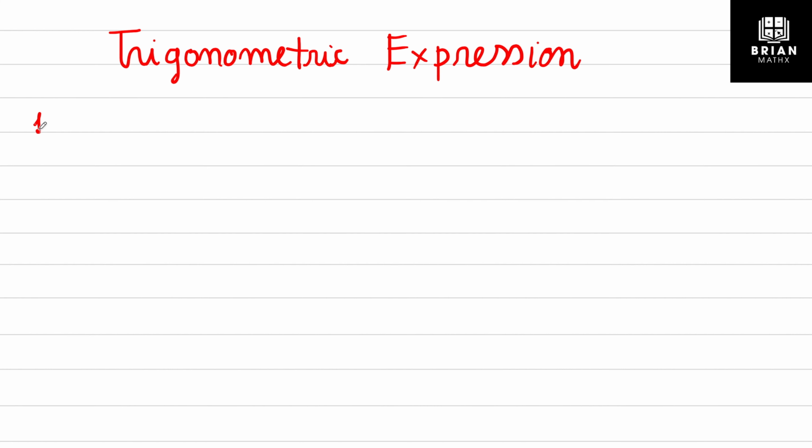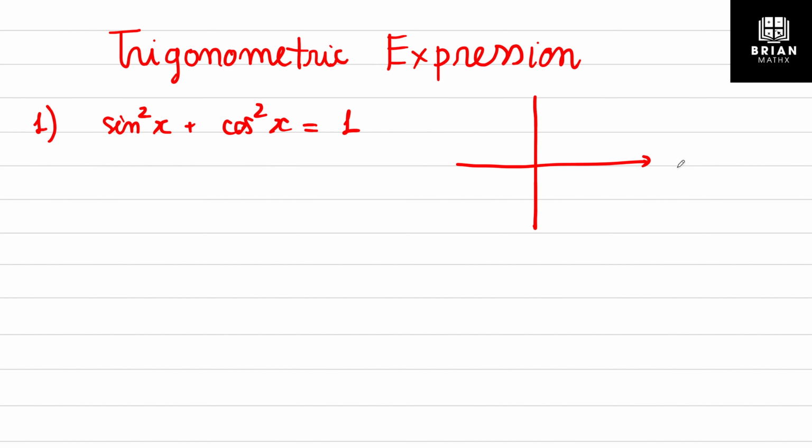The first thing I need you to remember is the expression between sine square and cos square. The first one: sine square x plus cos square x becomes 1. To prove this, you have to use the unit circle like this. The horizontal line will be the cos and the vertical line will be sine.